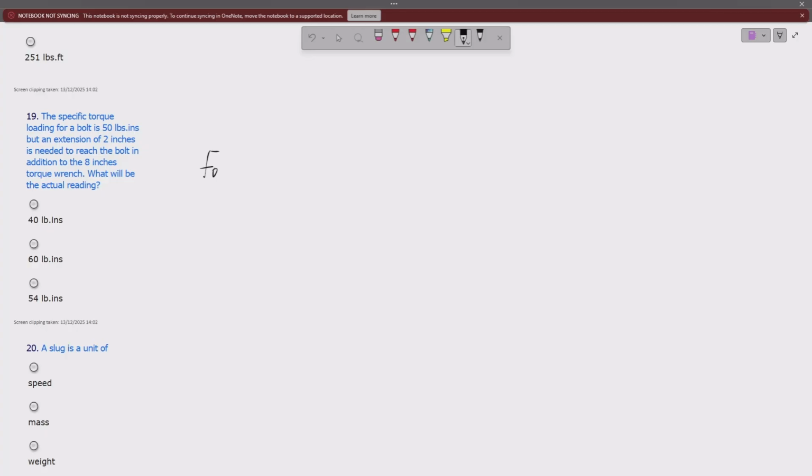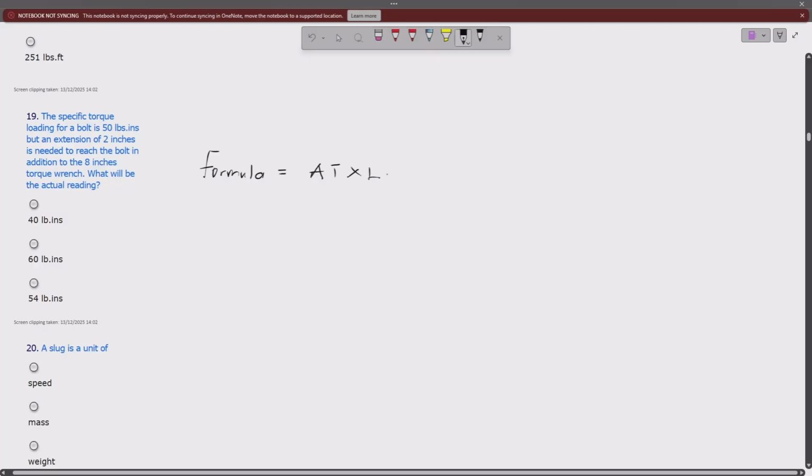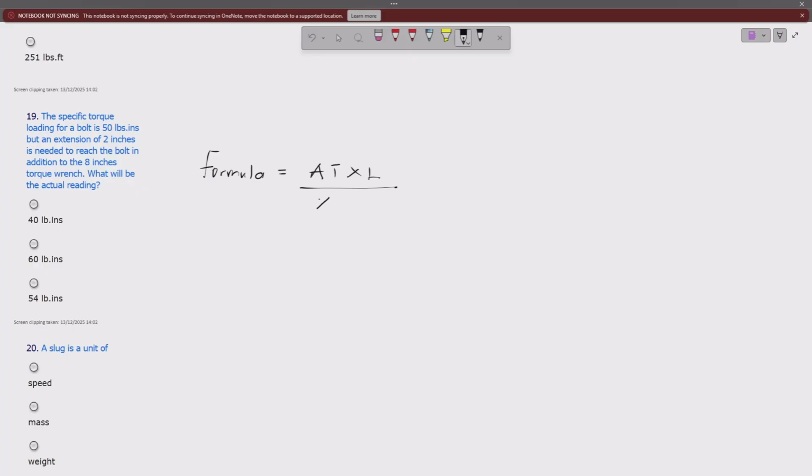So the formula equals the actual torque AT times length of the torque range divided by extension plus the length.